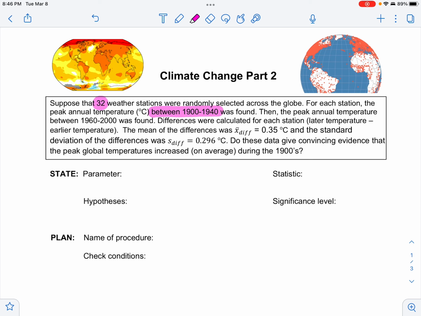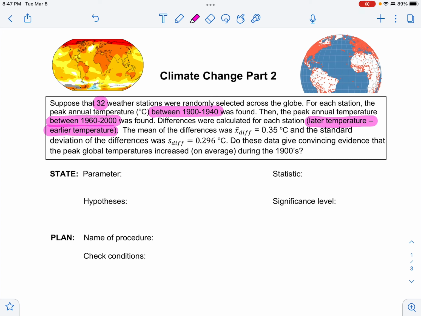Then the peak annual temperature between 1960 and 2000 was found. So there's our second population. The differences were calculated for each station. So each station individually, we paired up their early years and their later years, and we found the temperature between. And I'll put that here, actually. Later temperature minus earlier temperature.